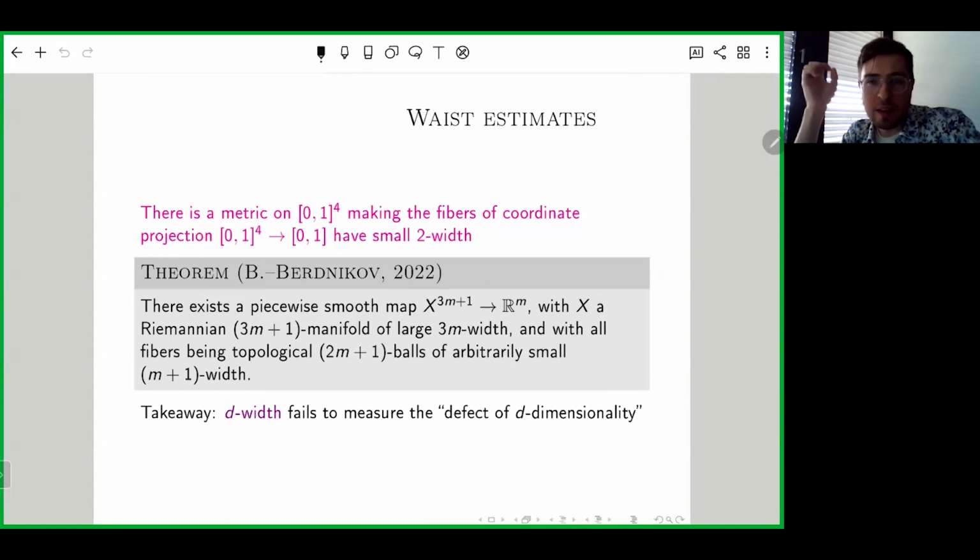So you have a space of dimension approximately 3m. You map it, dropping the dimension to m. So you expect fibers to be approximately 2m dimensional, but they happen to be approximately m plus 1 dimensional or something like that. And all fibers are also topologically trivial. So yeah.